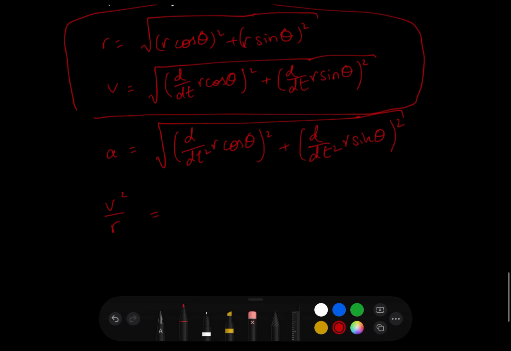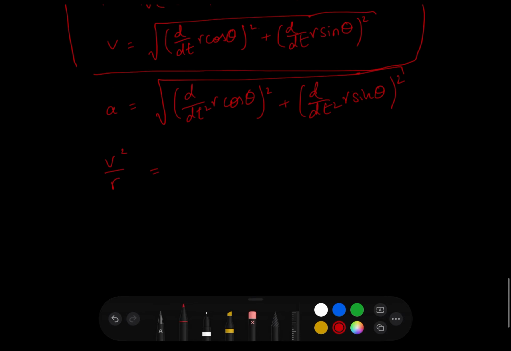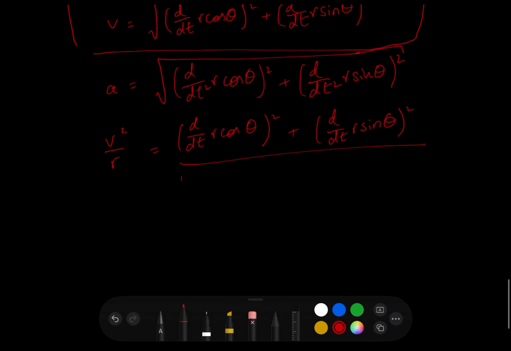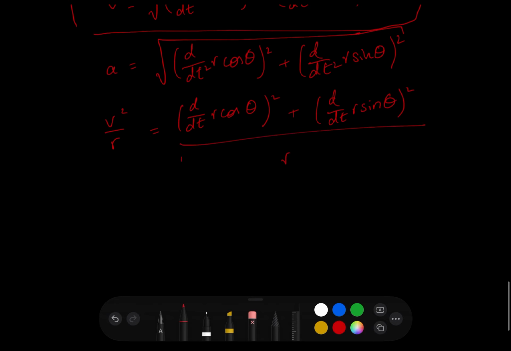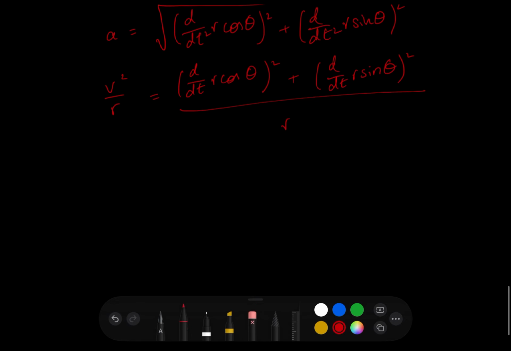So if we just leave r as it is for now and we write v squared as just taking this expression here, d by dt of r cosine theta square plus d by dt of r sine theta the whole square, and in the bottom we just leave it as r for now.